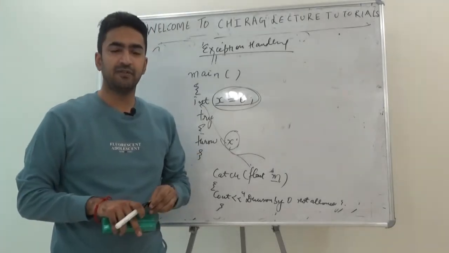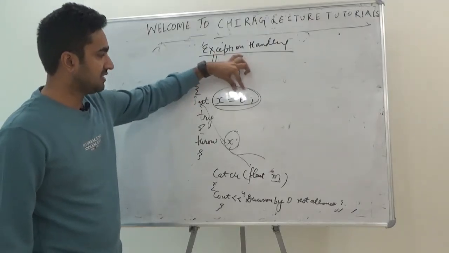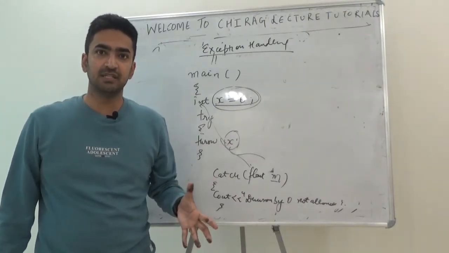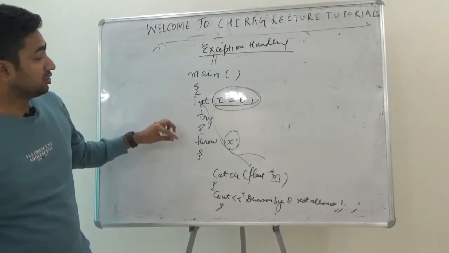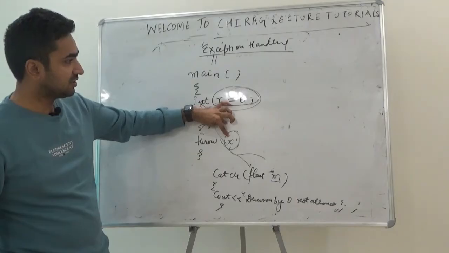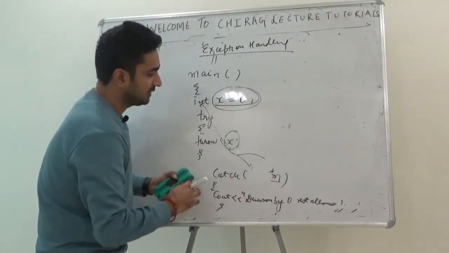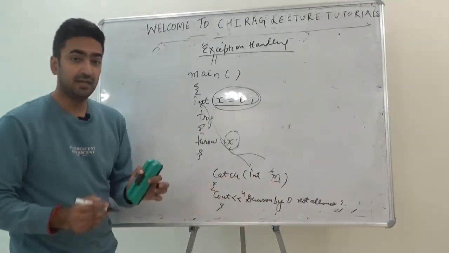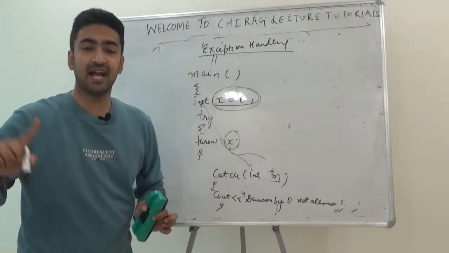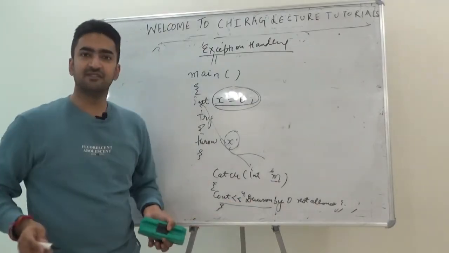So guys, when we are executing try and catch block statements, you just have to see that int x we have written as 0, throw x is given, and there is a catch block written inside the main program. Whenever the exception x is thrown, and x is an integer, this x matches with the data type in the catch block, which is int. If the data type is the same as the argument mentioned in the catch block, then the catch block gets executed.